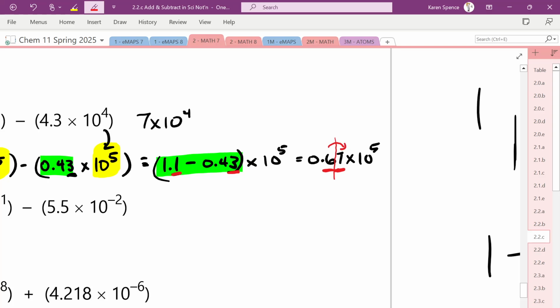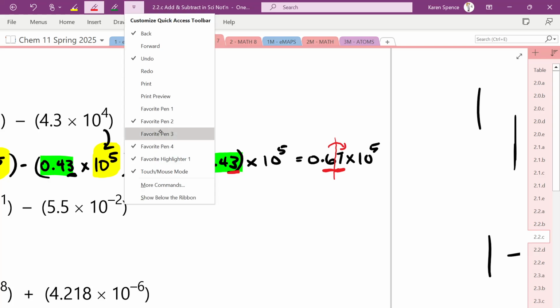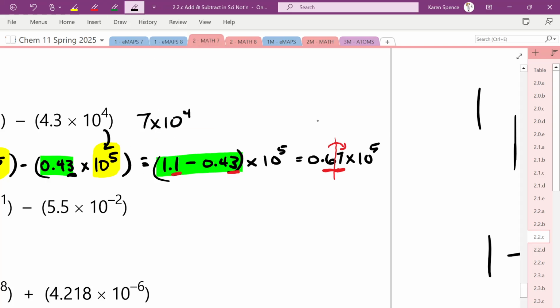We look to the right, and that is going to become 0.7 times 10 to the 5. But that's not in scientific notation. So we would change that then to 7 times 10 to the 4.